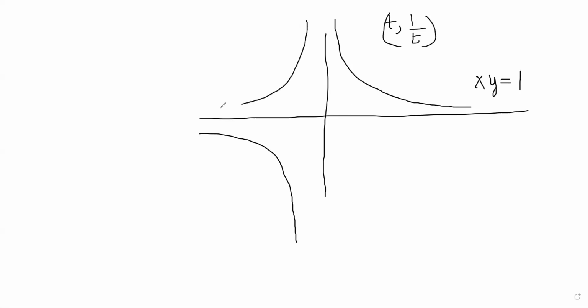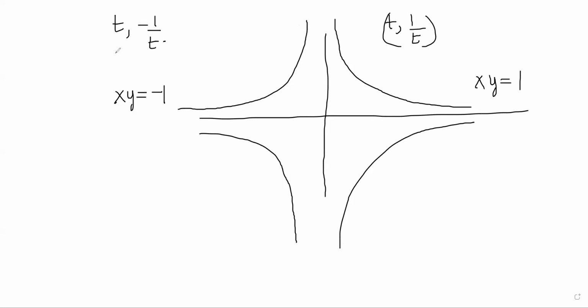And for this curve, which is xy equals minus 1, the parametric form would be t comma minus 1 by t, where t could be positive, right? So if you want 4 points, you'll have 2 points on the xy equals 1 curve, and 2 points on xy is equal to minus 1.